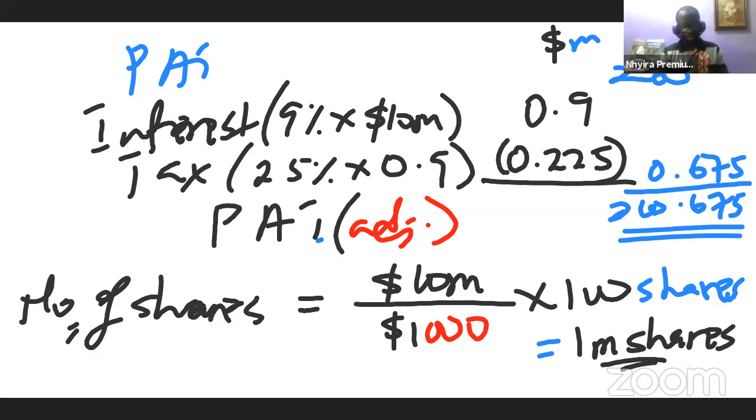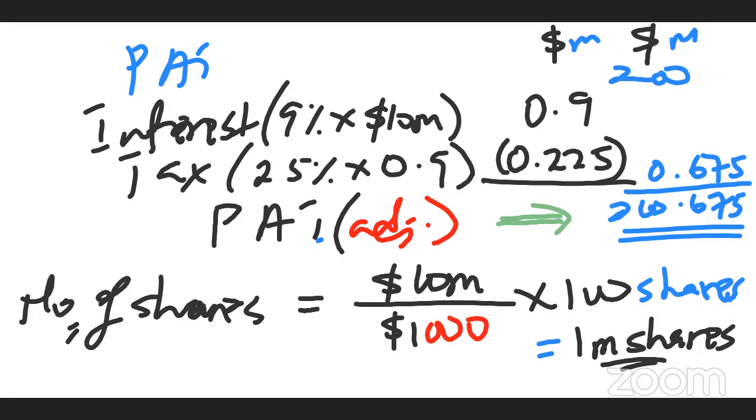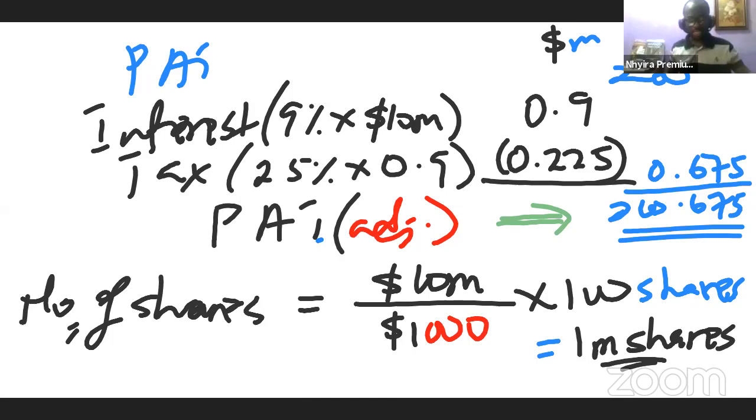Can we go? Everybody good here? Okay, so I'm interested in two things here. One, my adjusted profit, which is 200.675, because we would divide that by the weighted average number of equity shares. Remember, our outstanding shares is 20 million.